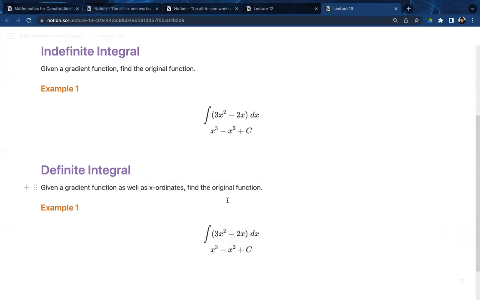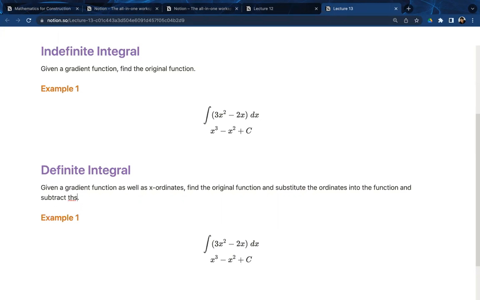So we say with the x ordinates, find the original function and substitute the ordinates into the function, and then subtract these values.